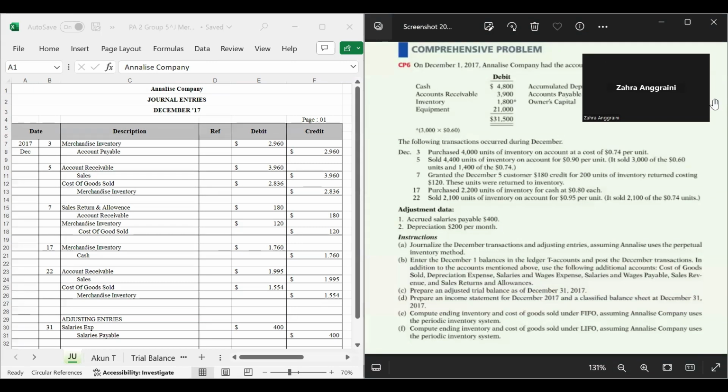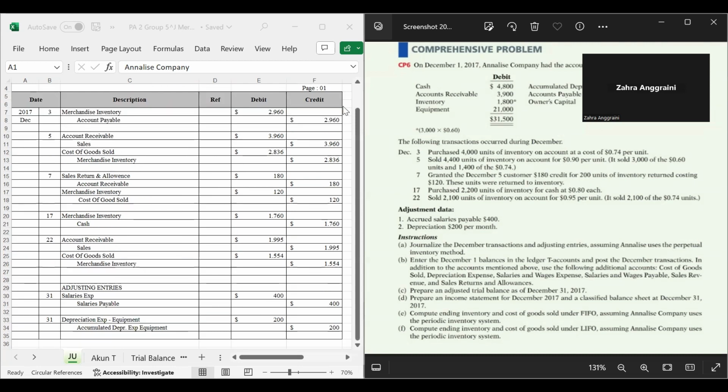Okay, the next transaction on December 7 is granting the December 5 customer $180 credit for 200 units of inventory returned, costing $120. These units were returned to inventory. Because it is a sales return transaction, it is recorded using the perpetual method.